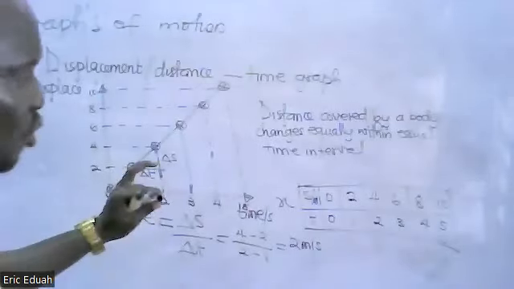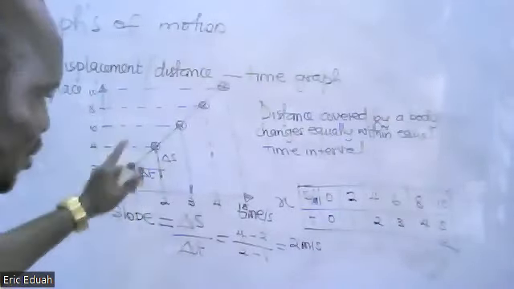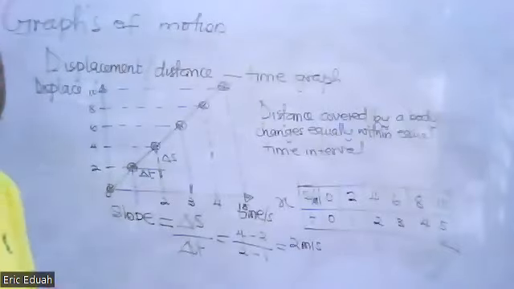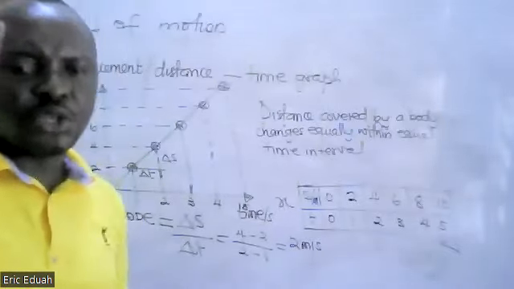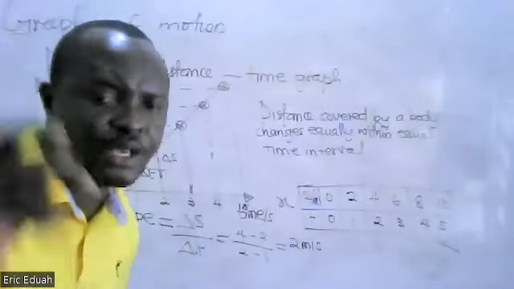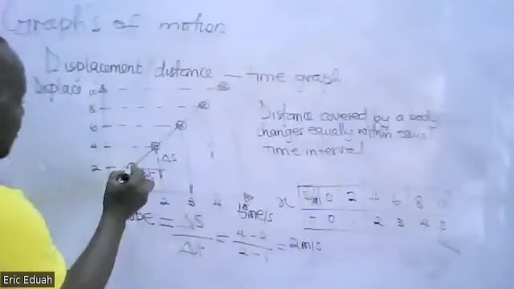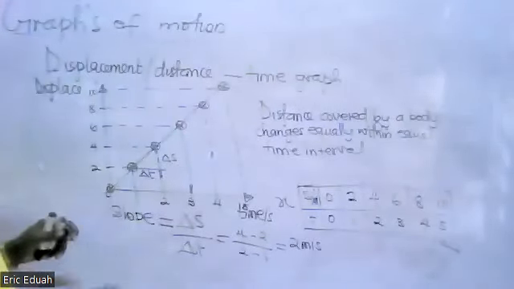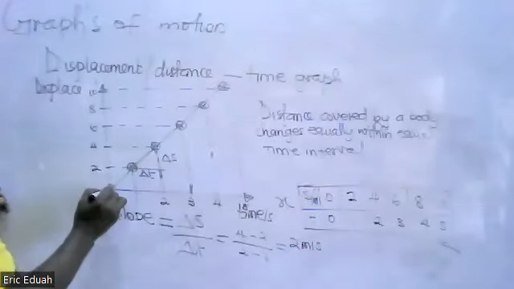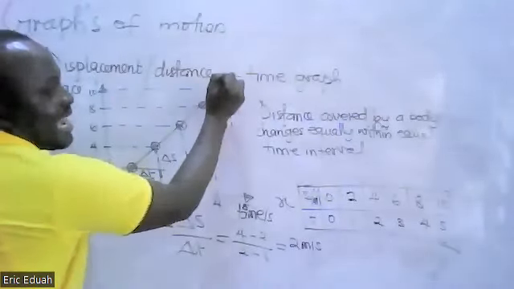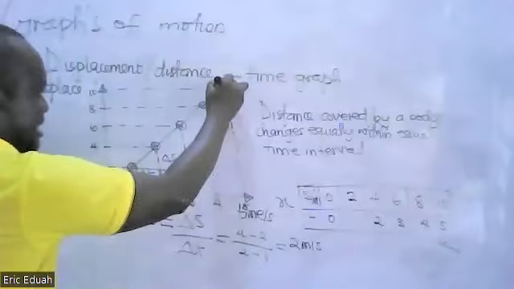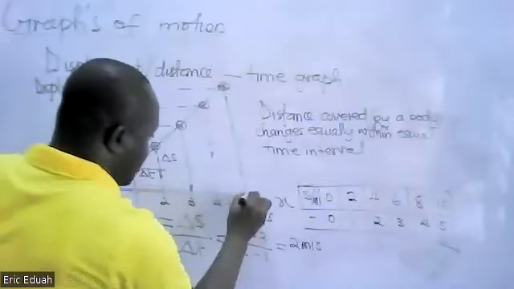Now the good news is that no matter how you choose your 2 points, you need to have the same value as the slope. So I picked this and this. Let's pick the point at the origin, and then the point at the extreme end. So this is the triangle in question.